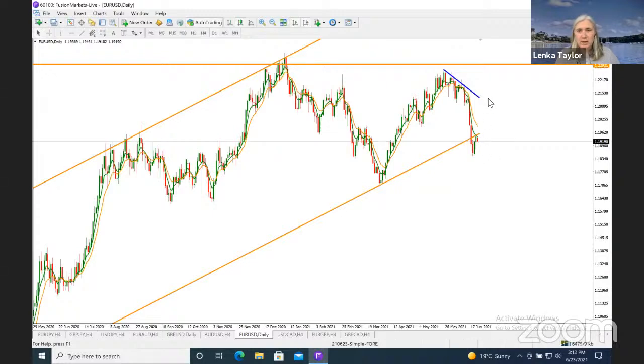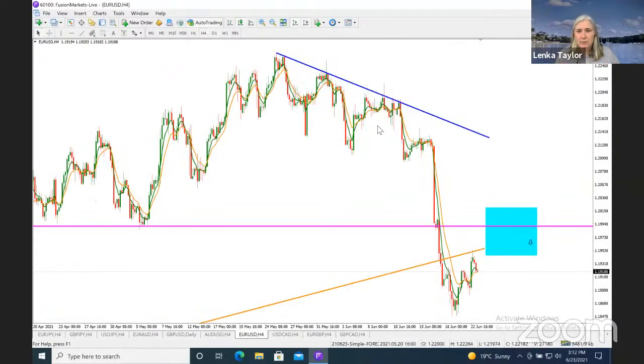It needs to pull back a little bit further up, just in case it's going to start ranging, so we have a bit more room. So looking for a pullback further up, either to that horizontal level or ideally to the top of the daily trend line, and then looking for a short.